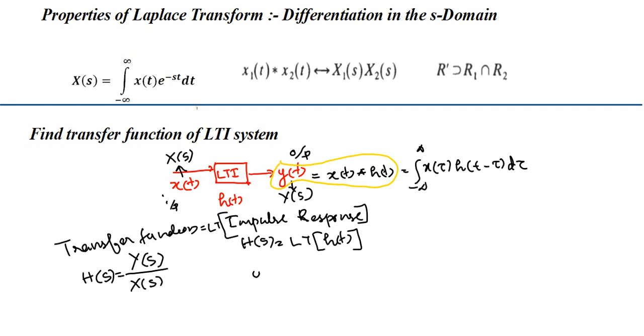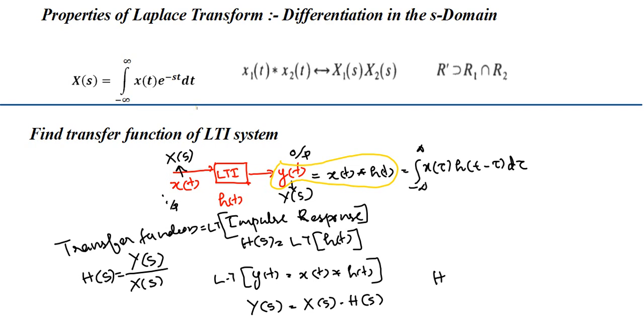I'll take the Laplace transform of this equation. The transform of y of t is y of s, the transform of x of t is x of s, the convolution operation becomes multiplication, and the transform of h of t is h of s. Now we can rearrange the equation and write h of s is equal to y of s by x of s. So this is the transfer function.